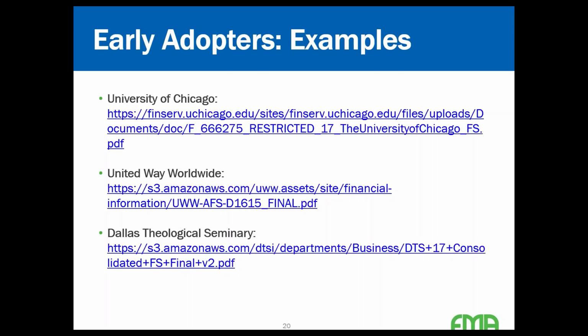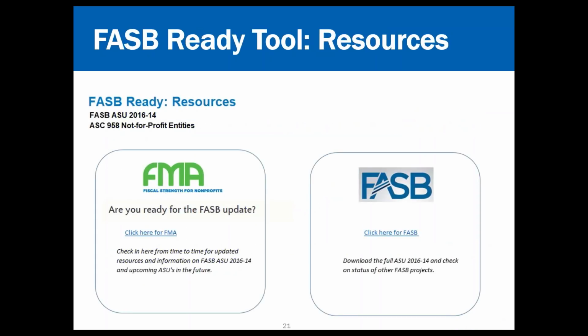Lastly, in terms of resources, on the next slide, we want to remind you of 2 places. The resources that we're working on an ongoing basis. There is a site that you can click here for FMA's FASB Ready, and as we go to the national conference in June and we hear directly from the FASB on new changes, not so much changes, but more implementation guidelines, we will be sure to update this site.